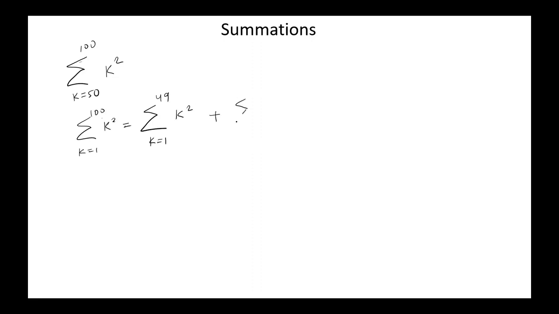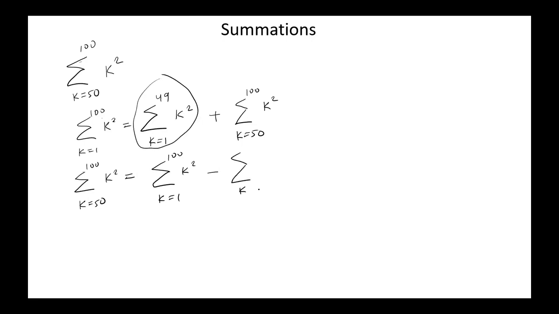And last example for today, find the summation k equals 50 to 100 of k squared. The sum k equals 1 to 100 of k squared equals the sum k from 1 to 49 of k squared plus the sum k equals 50 to 100 of k squared. So the sum k equals 50 to 100 of k squared equals the sum k equals 1 to 100 of k squared minus the summation k equals 1 to 49 of k squared.